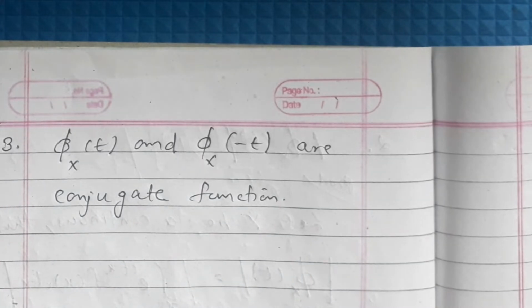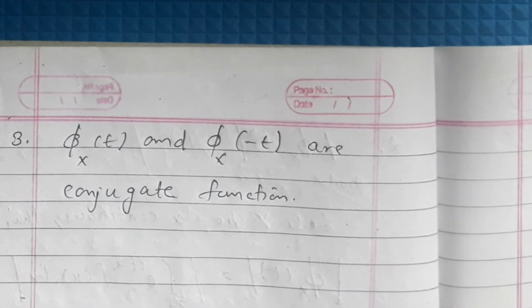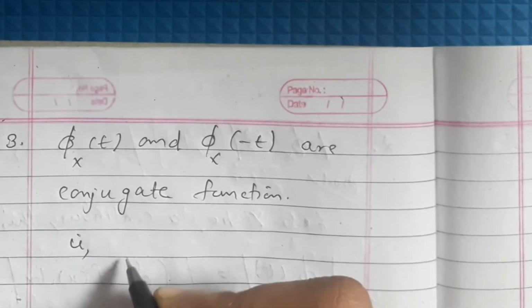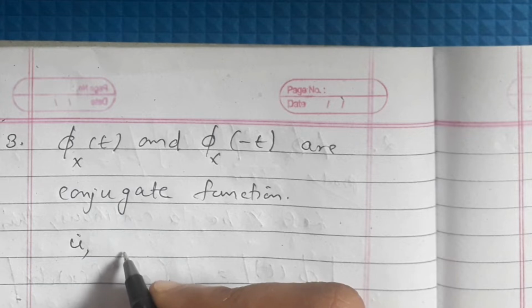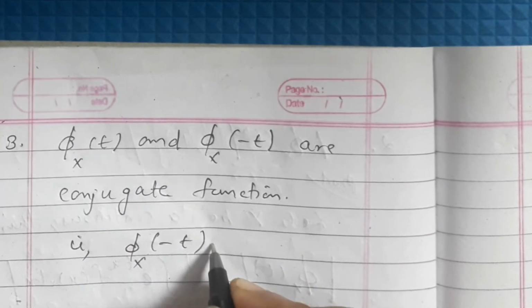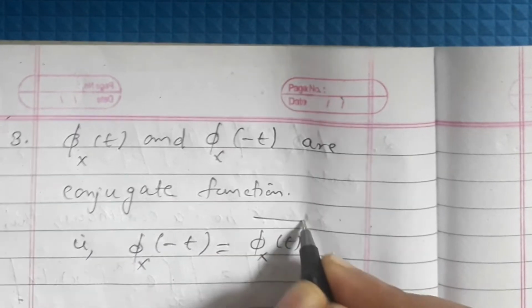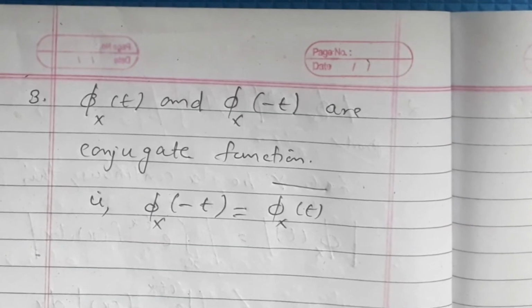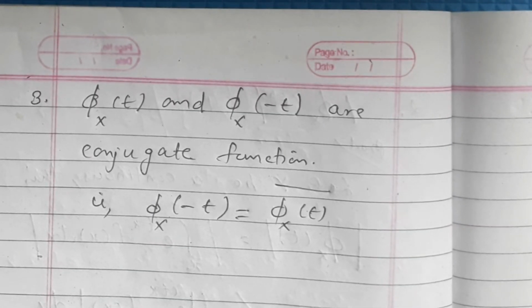I hope you know the conjugate function. Conjugate function means phi x of minus t is equal to phi x of t bar. It's a complex function, so phi x of minus t is equal to phi x of t bar.